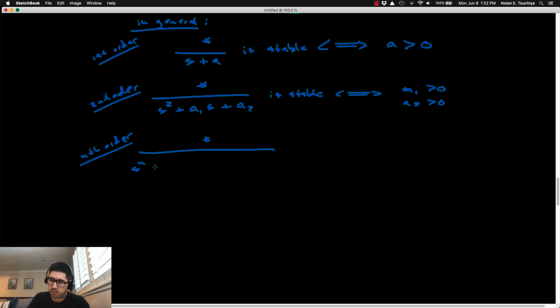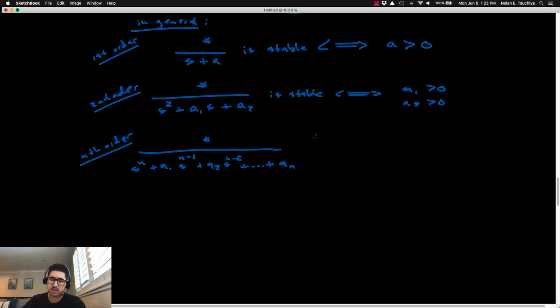And an nth order transfer function is defined by an nth order polynomial in s in the denominator. So generally speaking, it would look something like this. You've got an nth order polynomial in the denominator all the way down to the s to the 0 term.